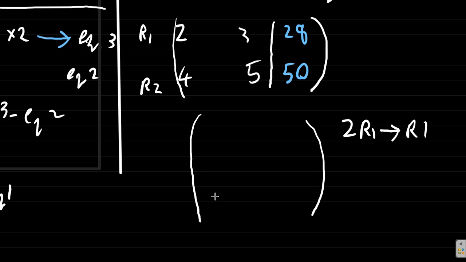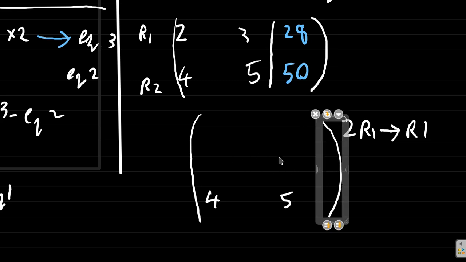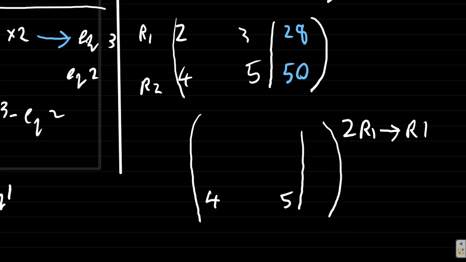Row 2 will not change. So you say 4, 5, oh, I should have some space here. You have the line and you have 50, because row 2 will not change, only row 1 you will change.